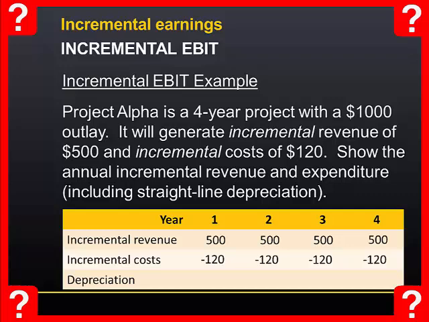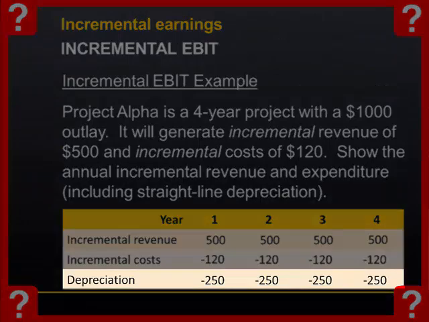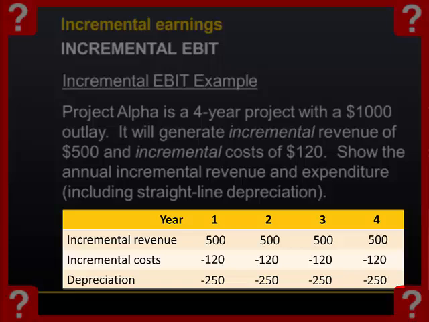So the amount of depreciation is the initial outlay of $1,000 divided by the life of the project, or 4 years. That gives us annual depreciation of $250. As has already been emphasized, this is not a cash flow, but this is not a table of cash flows. This is a table of revenue and expenses in order to calculate earnings or profit.